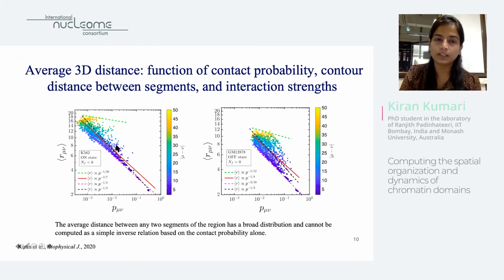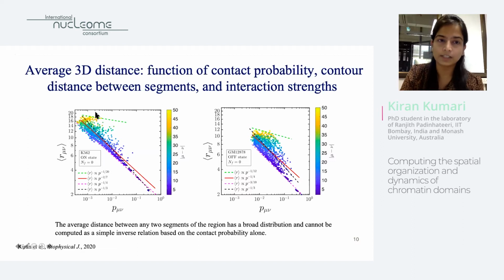Each data point here represents a particular bead pair, and the color represents the DNA length between those two chromatin segments. This is for the on state and this is for the off state. The red line shows the fit of the data, and the black dashed line is from the scaling of the ideal chain, which I showed in the previous slide.